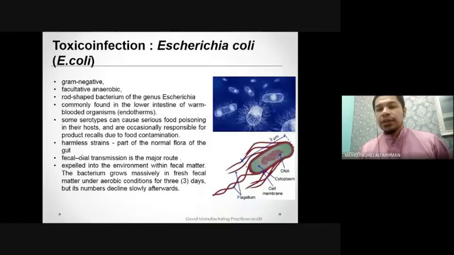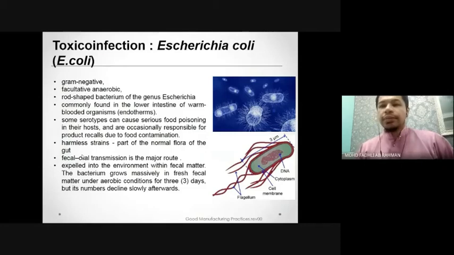Okay. Next is the third mode of how bacteria or microbes affect human health. We call it toxico-infection. It means that it combines the infection mode and the intoxication mode. So the first one is Escherichia coli, or sometimes we are familiar with E. coli.